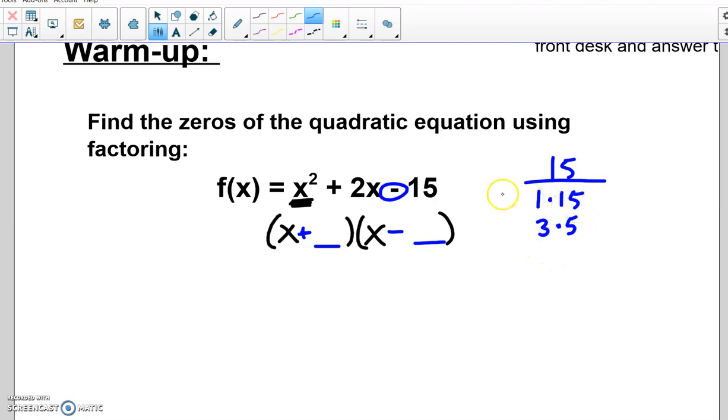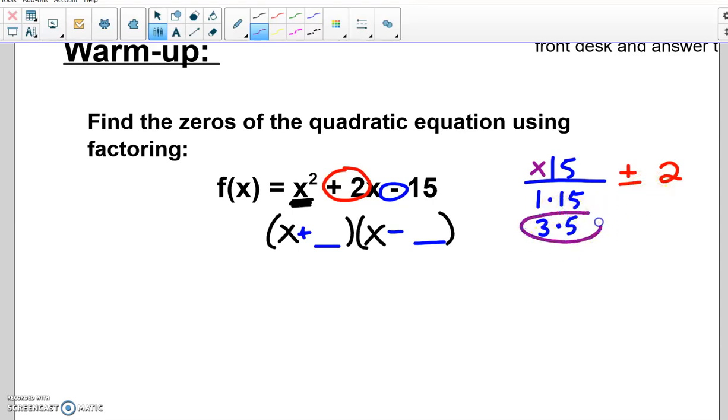Now, remember that I've got to multiply to 15, but I also have to add or subtract to get this middle term, positive 2, right here. Whichever one of these I choose has to add or subtract to give me 2.